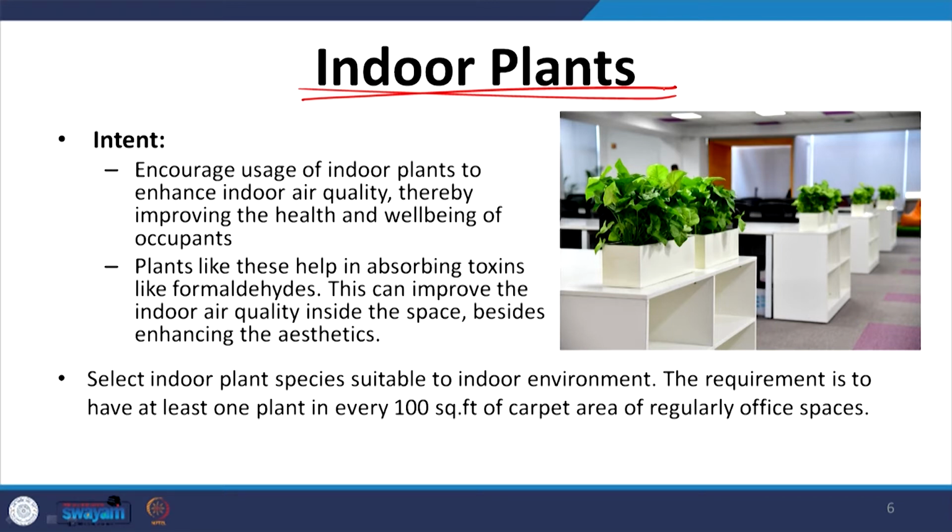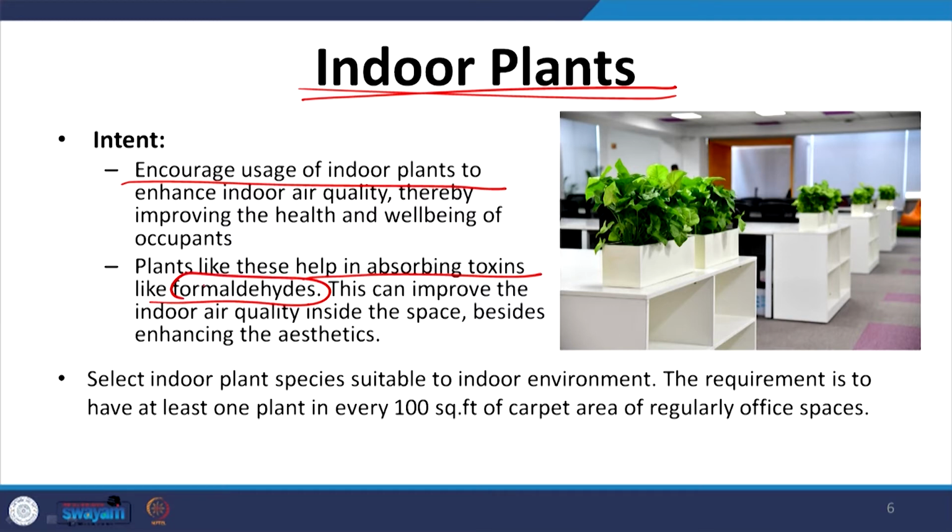So, the use of indoor plants has to be encouraged, and specific plants which improve the quality of air have to be used. The specific types of plants which help in absorbing the toxins like formaldehyde need to be planted.